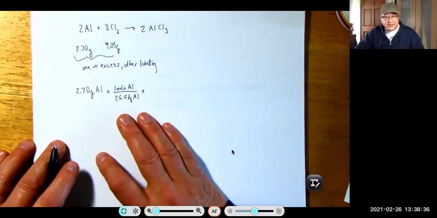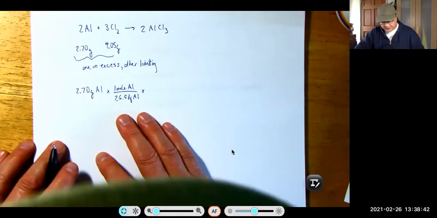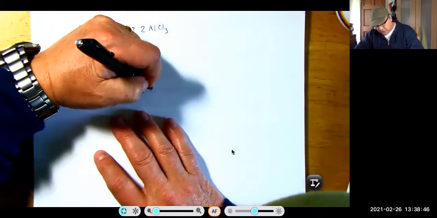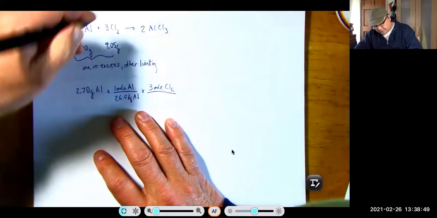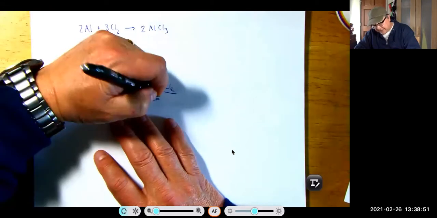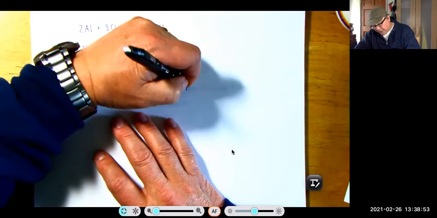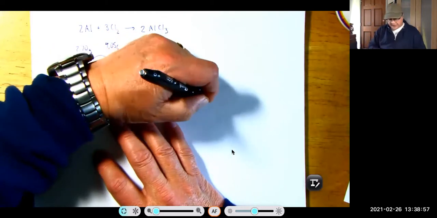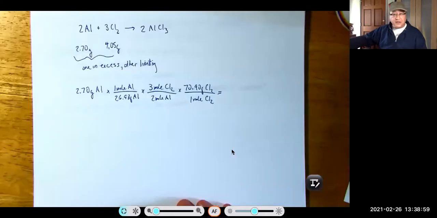Only this time, instead of finding out how much aluminum chloride I'm going to make, I'm going to find out how much chlorine I need to react with this. So I'm going to multiply by 3 moles of chlorine over 2 moles of aluminum, and then 70.90 grams of chlorine over 1 mole of chlorine. I'm going to give you a chance to catch up on that while I do the math.